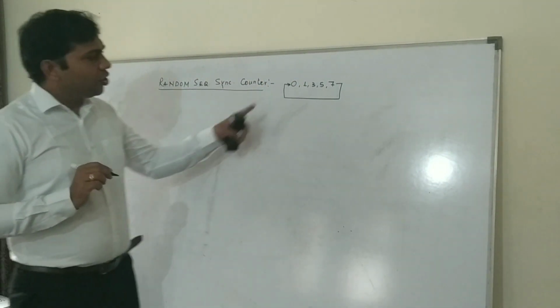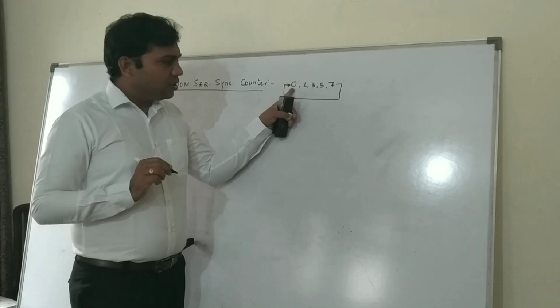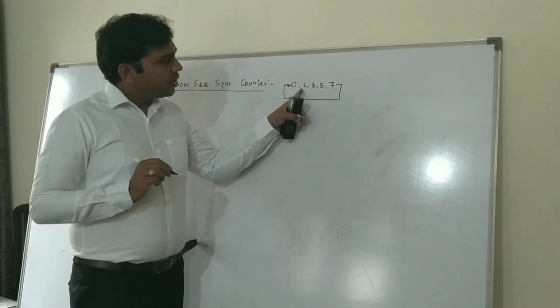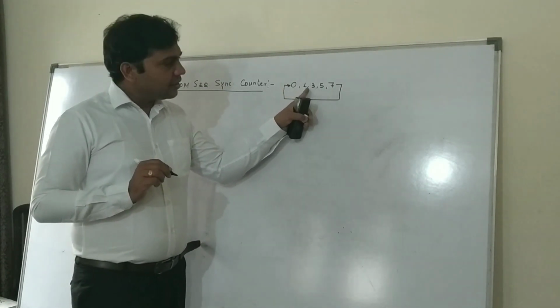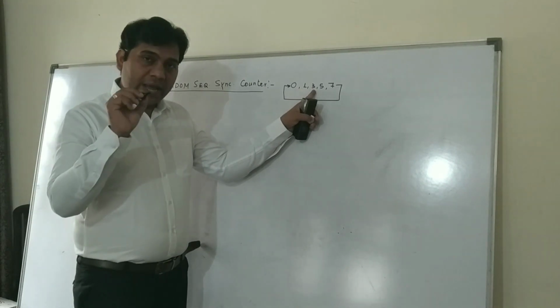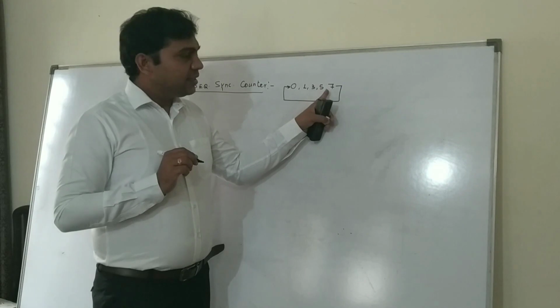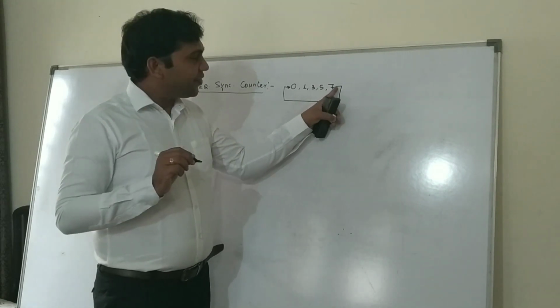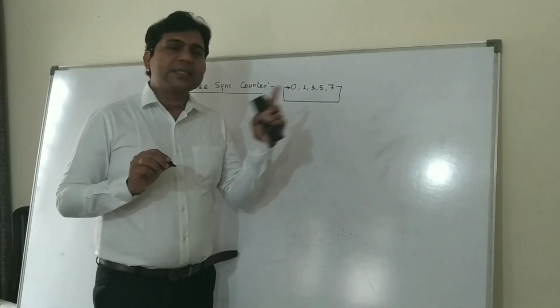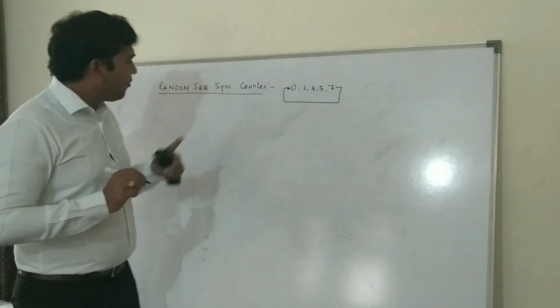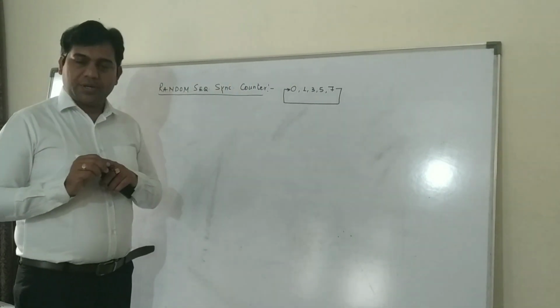This is what we want. We want the counter to have a state of 0, the next state 1, the next state 3. It should not have a state number 2. It should not have a state number 4, then 5. Then it should not have a state of 6, and then 7 and then back to 0. This is the kind of random sequence I want to generate from a synchronous counter.